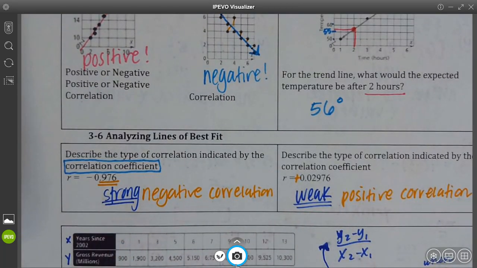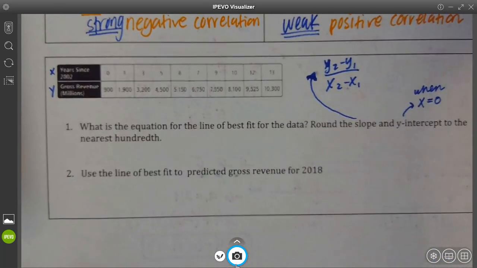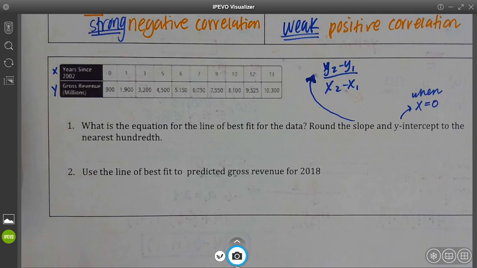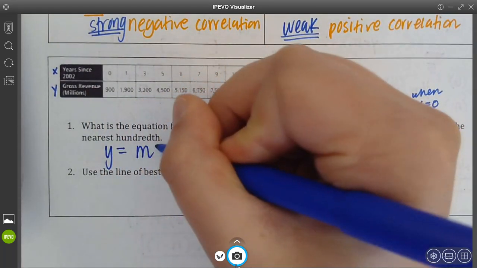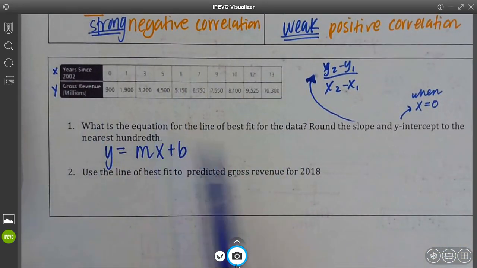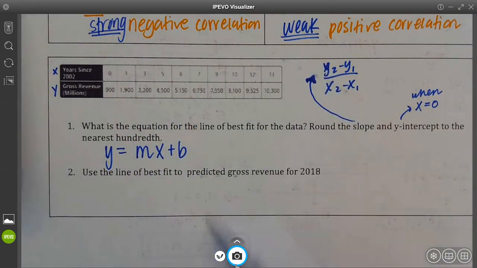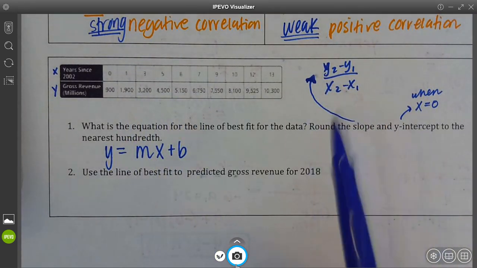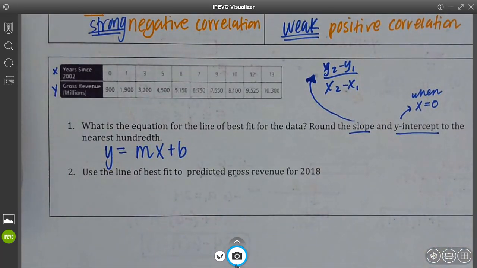And last but not least, we can write a line of best fit for a set of data. We're going to use slope-intercept form, which is what we use on the front side of our paper. Let's remember it's y equals mx plus b, to help us find the line of best fit for this data. We could turn this into a scatter plot and draw the line in there, but we can do it the same way by just identifying the slope and the y-intercept.